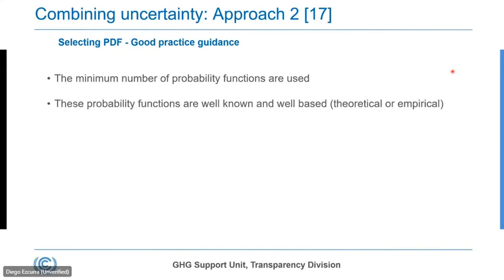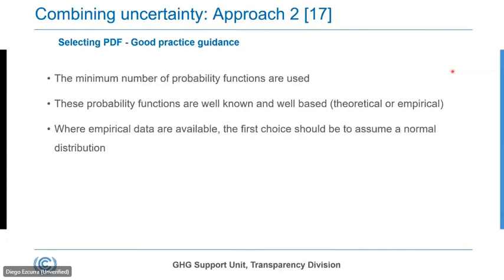Base your selection on the knowledge of the variable. And depending on what you know about the probability density function, if you have no idea, you may just assume a normal distribution. In most of the cases, that guess would be appropriate.